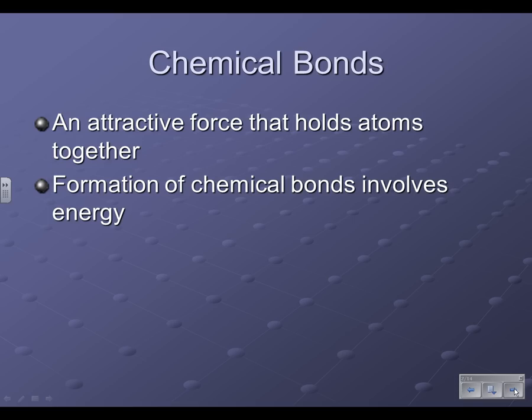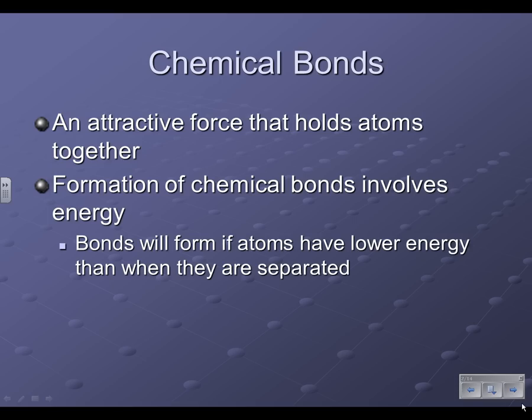One way or another, pretty much anything that happens out there can be related back to energy some way. More specifically, bonds will form between atoms if they have a lower energy together than when they are separated.